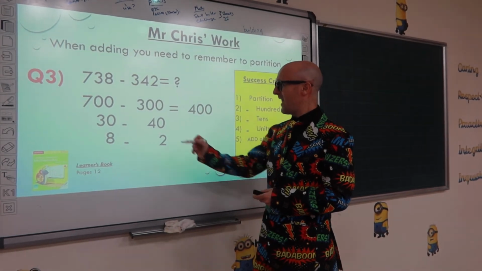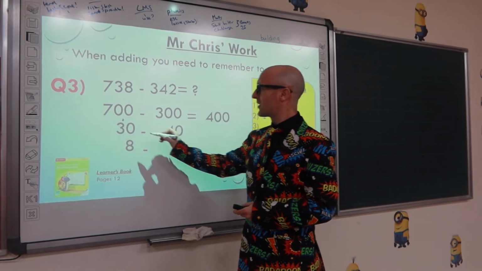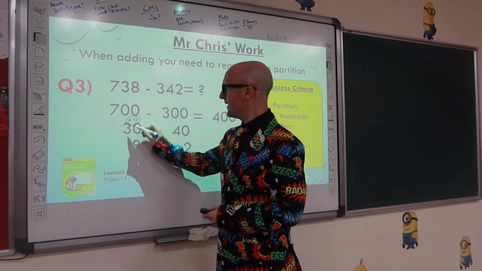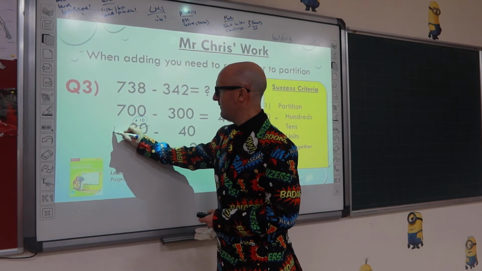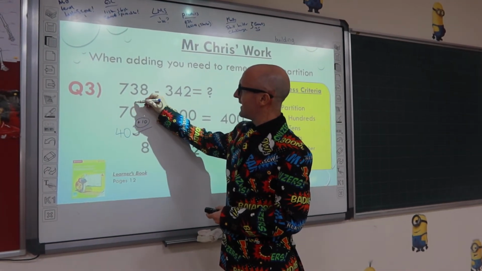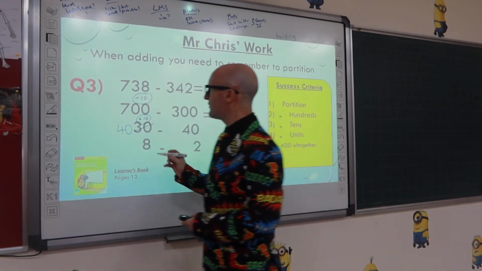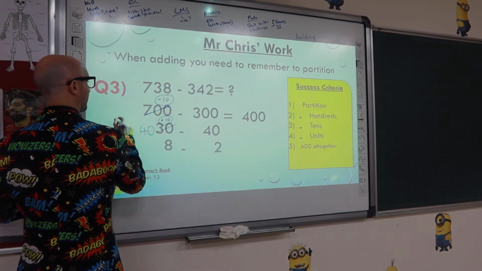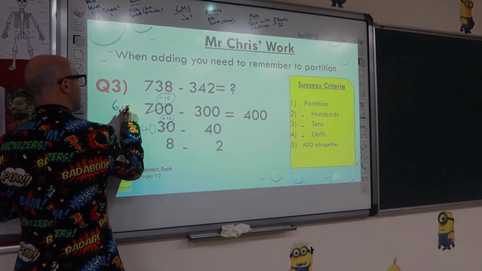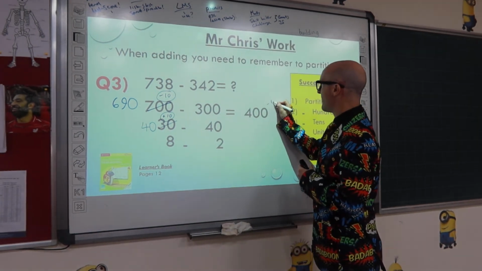How much do I need to get from 30 to 40? 10. Correct. So we'll call this 40 now. But if I've added 10 here, what must I do to my 700? Minus 10. So what's 700 minus 10? 690.